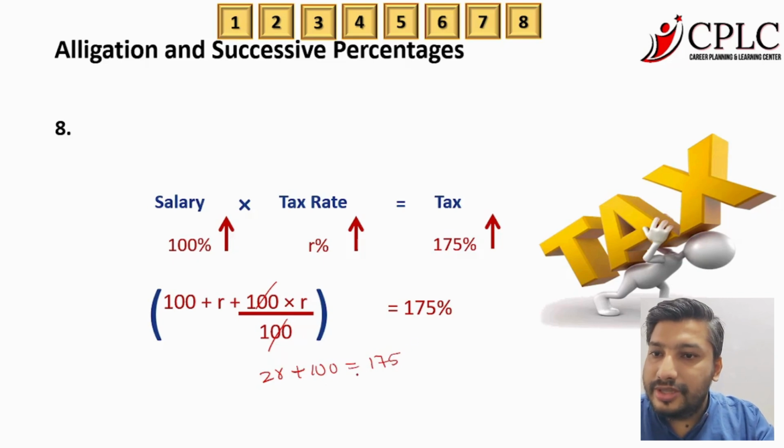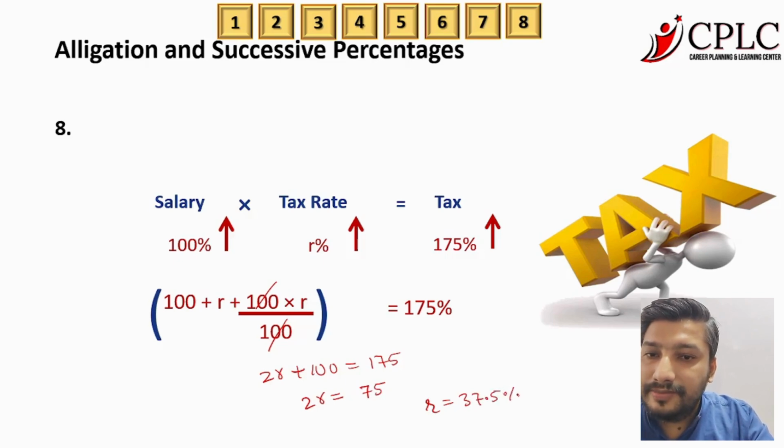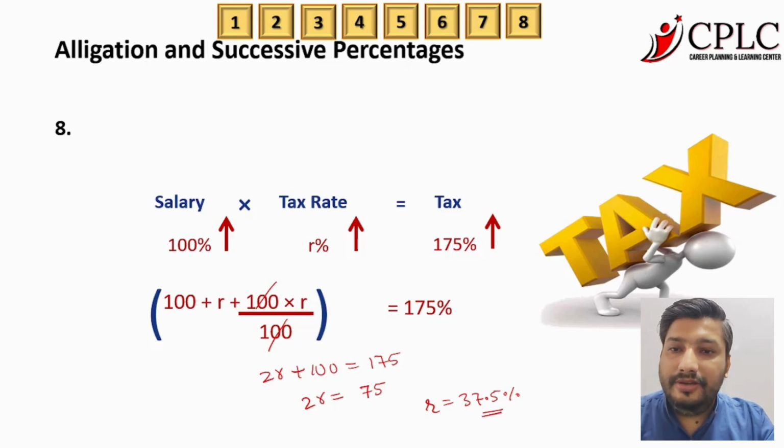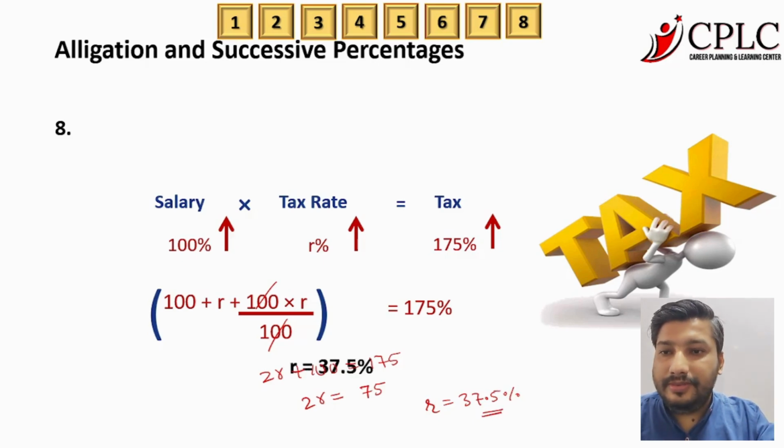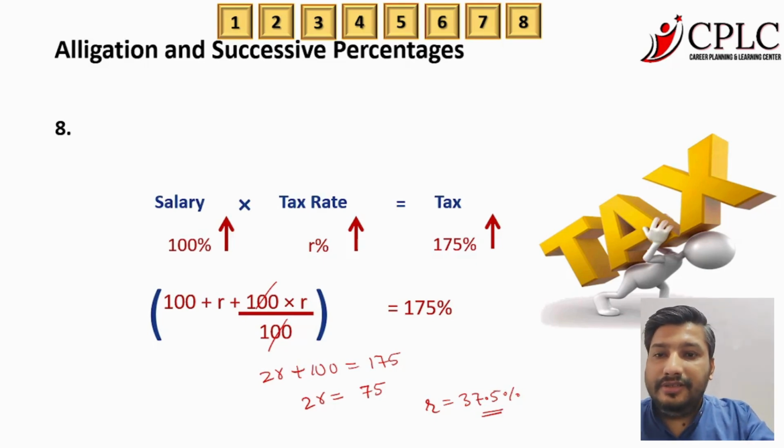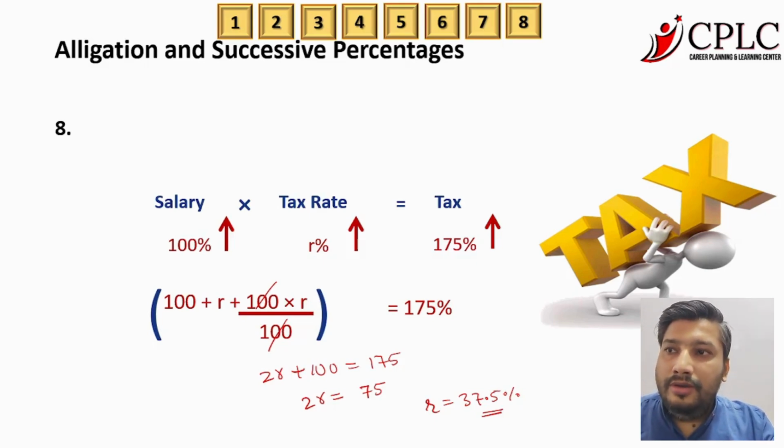So this 100 goes there and gets subtracted. So 2R becomes 175 minus 100, which is going to be 75. So R is going to be 75 divided by 2, which I think is 37.5%. Yes, 37.5%. So that is your correct answer for question number 8.